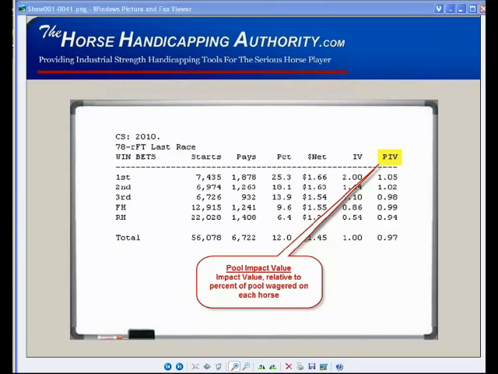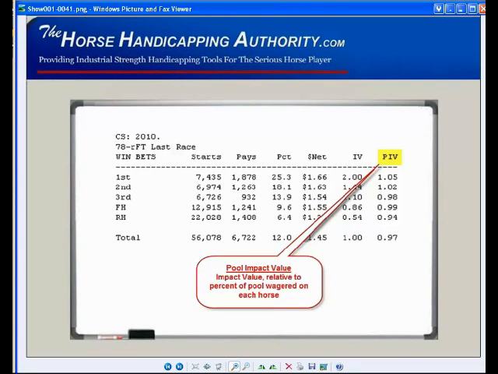So it would be a reasonable expectation that this 1.64 times 1.05 would be the real dollar net relative to how the public wagers. And we'll leave the rest of that. That can be a very complex conversation, so we'll leave it for another time.